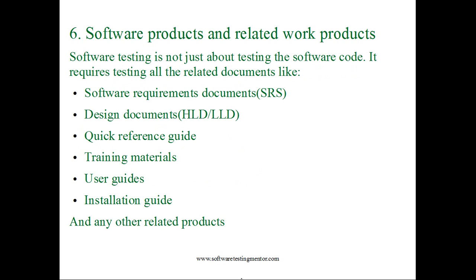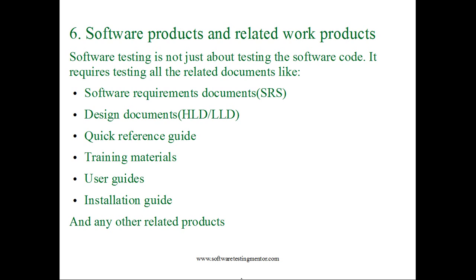Then the sixth part is software products and related work products. Software testing does not just test the executables or the software code that you get. Software consists of lot many different things. It's a bundle. It's code with lot many other documentation like your user guides, installation guides, training materials.